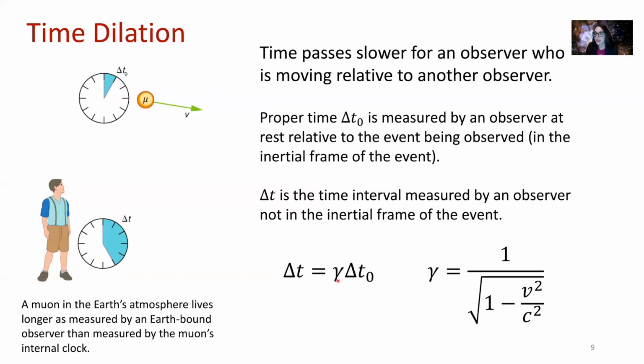This term here, gamma, is equal to 1 over the square root of 1 minus v squared over c squared, where v here is the speed of the observer that's moving relative to our stationary frame where the event is occurring.